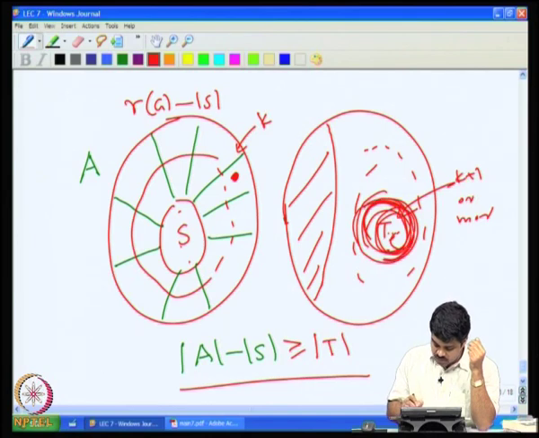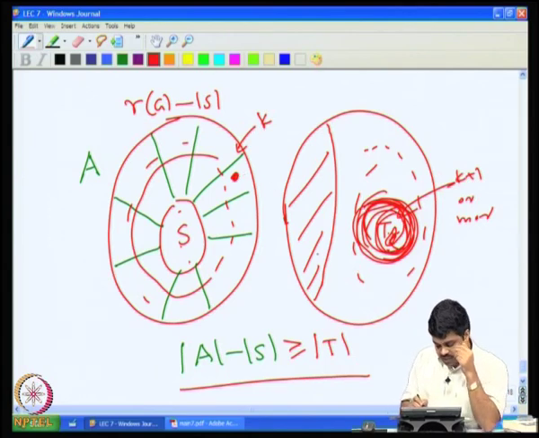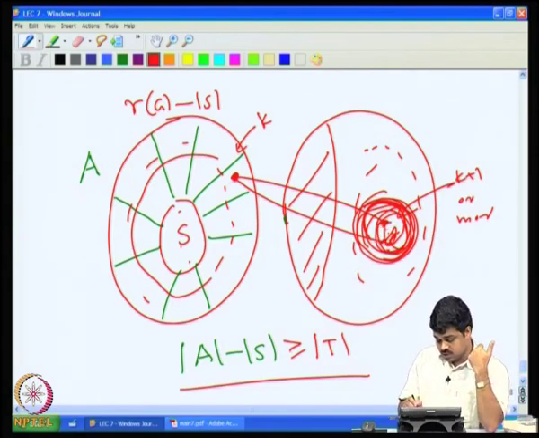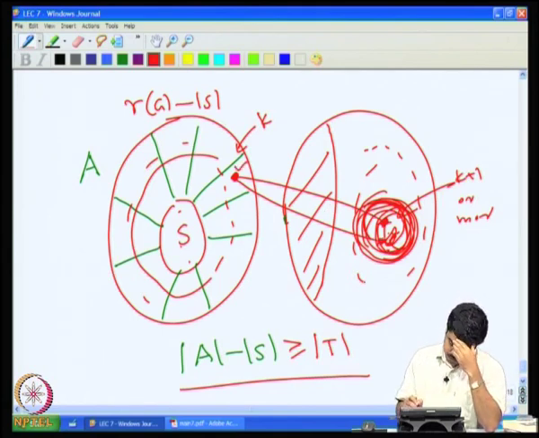So, these k plus 1 or more vertices have to be dominated by these k vertices. So, there should be at least one vertex here which has two different neighbors into this, because if all these k vertices have only one neighbor in this, then how can they dominate k plus 1 vertices? By the pigeonhole principle, there should be at least two neighbors for at least one vertex here. So, let this vertex be called Z.